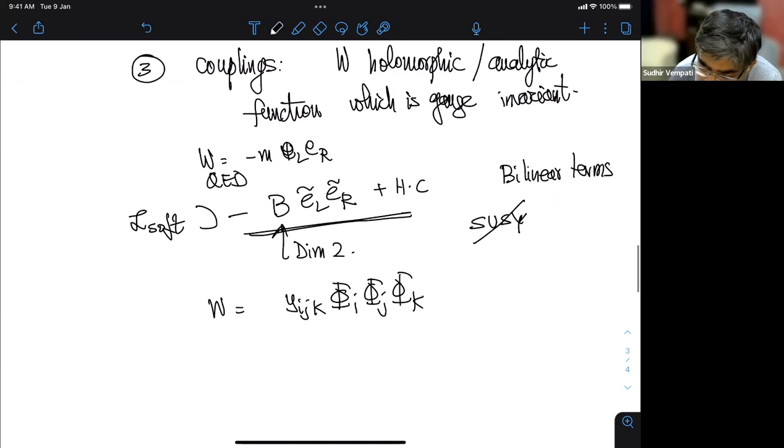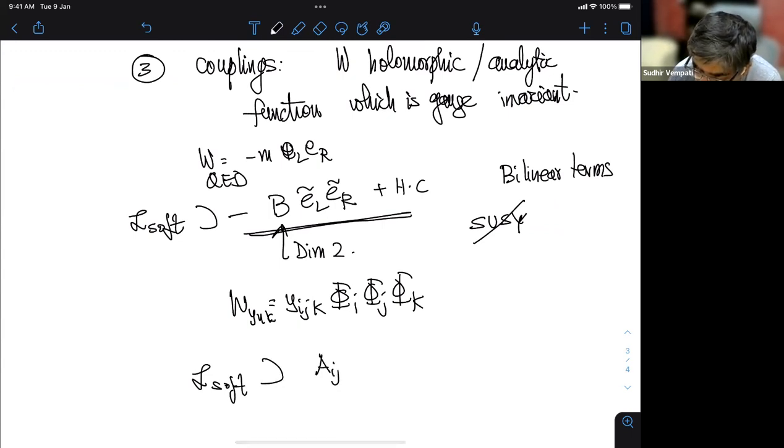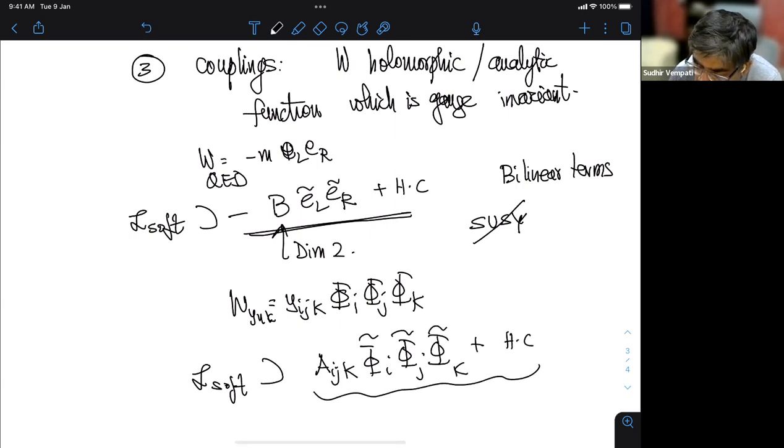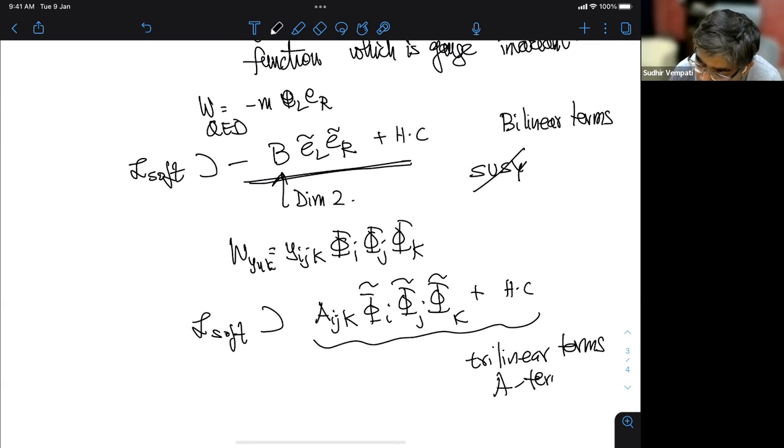Then I can write an L soft, which is supersymmetry breaking, some Aijk phi tilde i phi tilde j phi tilde k plus hc. These are called trilinear terms or A terms. These are bilinear terms or B terms.